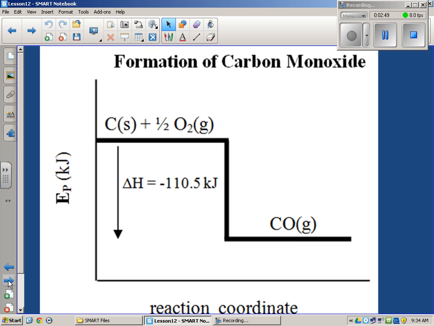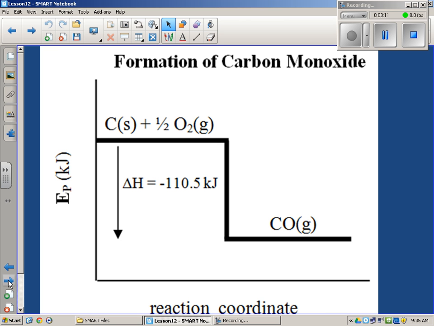In this case, the formation of carbon monoxide. To make carbon monoxide, carbon and half an oxygen gives you carbon monoxide. This one is exothermic, so it gives off energy. If you take some carbon and half an oxygen, mix those together, it would actually release energy.